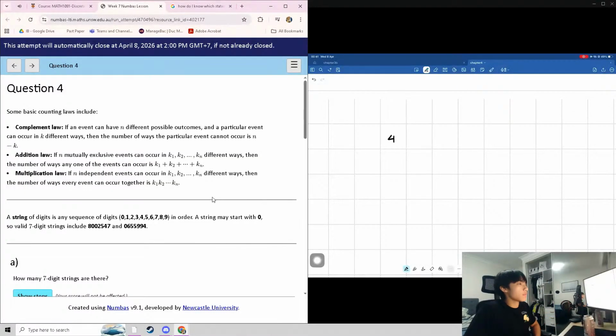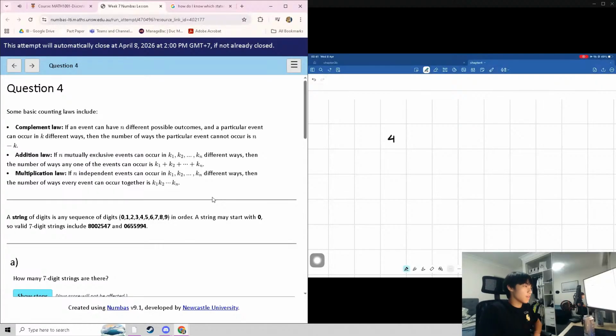Complement law, sorry. If an event can have n possible outcomes, and a particular event can occur in k ways, then the number of ways that the event cannot occur is n minus k.